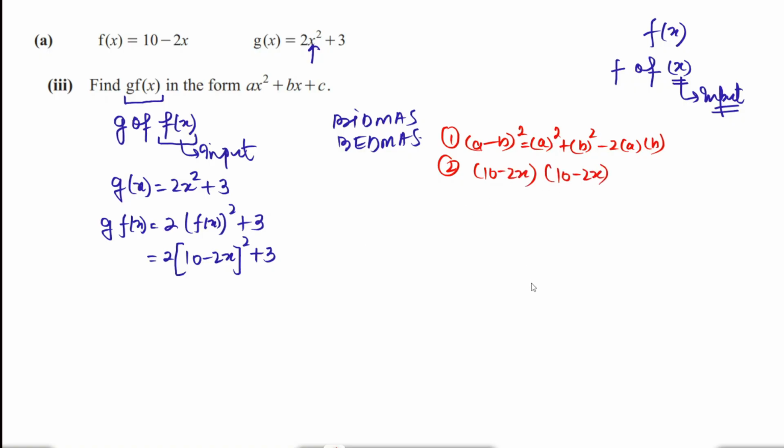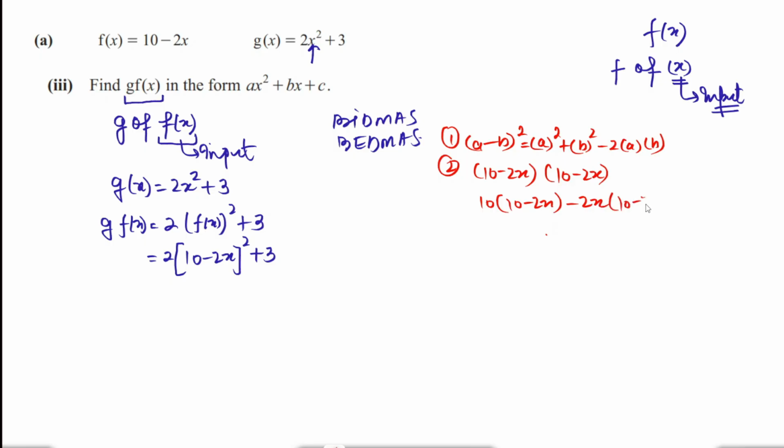Some students make a common mistake here. They take 10 minus 2x square as 100 and 2x square as 4x square. If you do it this way, it is going to be absolutely wrong. So whatever is your choice, if you multiply these brackets like this, that is also allowed.